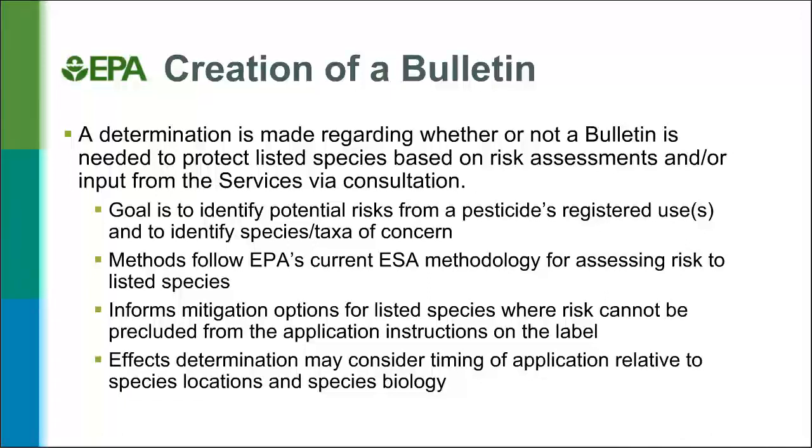The methods follow EPA's current ESA methodology for assessing risks to listed species. This informs mitigation options for listed species where risk cannot be precluded from the application instructions on the label. Effects determinations may consider timing of application relative to species location and species biology.